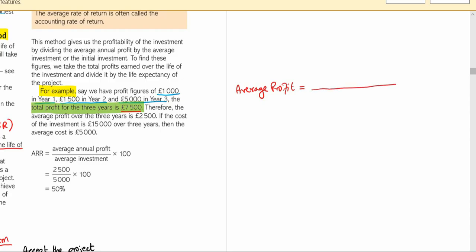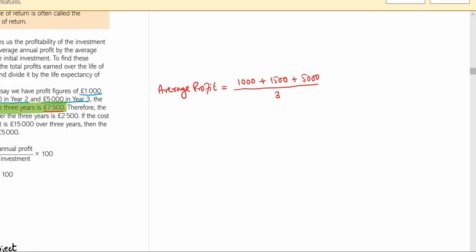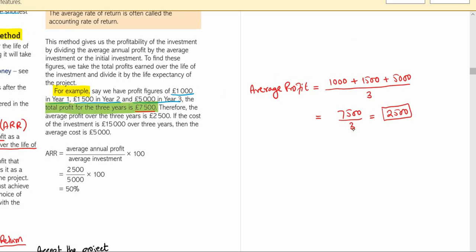So we sum all the profit: first year profit is 1000, second year profit is 1500, third year profit is 5000, divided by the number of years, which is 3. So average profit will be 7500 divided by 3, so that is 2500. So 2500 is the average profit.